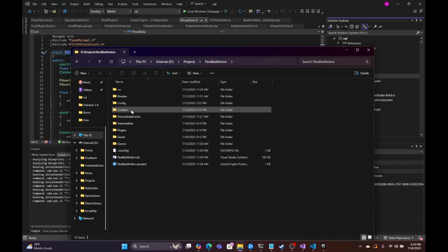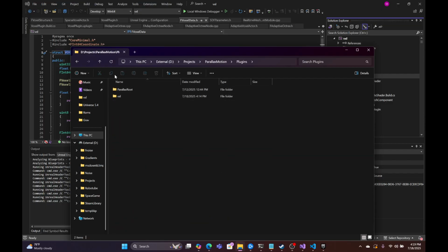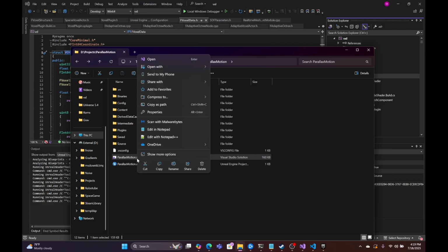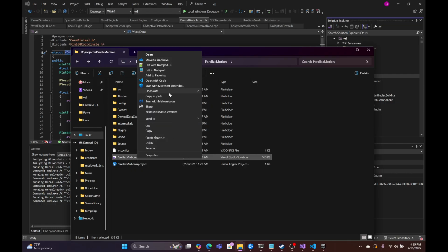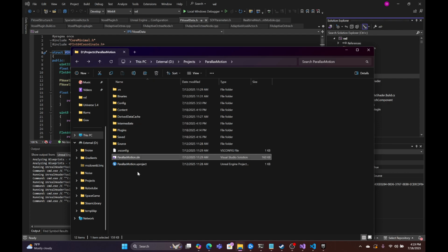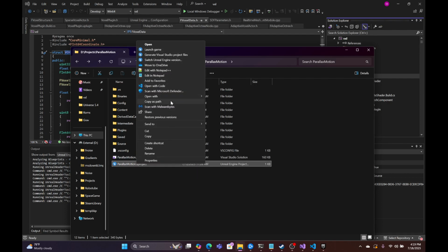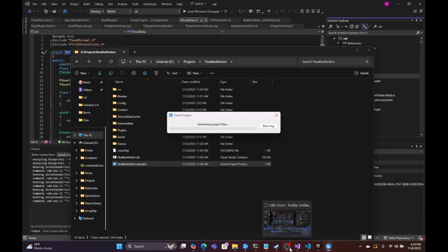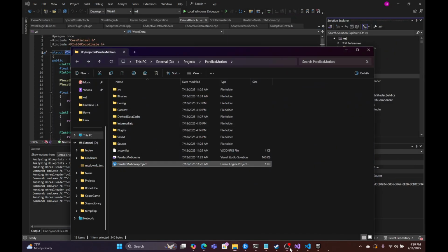So here's this project's plugins. Yes, okay, so we do have the plugin here.